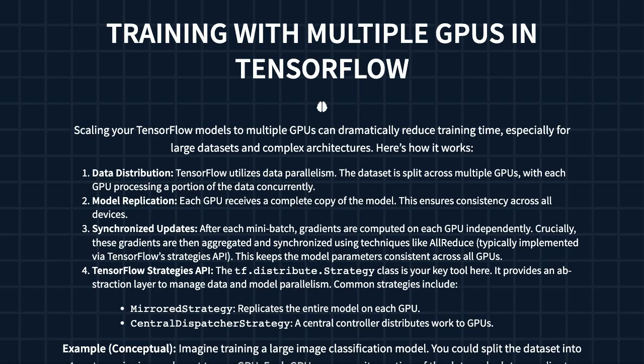But here's the key: these gradients are synchronized and combined across all the GPUs before actually updating the model parameters. TensorFlow makes this easy with the tf.distribute.Strategy API, offering strategies like MirroredStrategy that replicate your model on each GPU. It's a powerful way to significantly reduce training time.